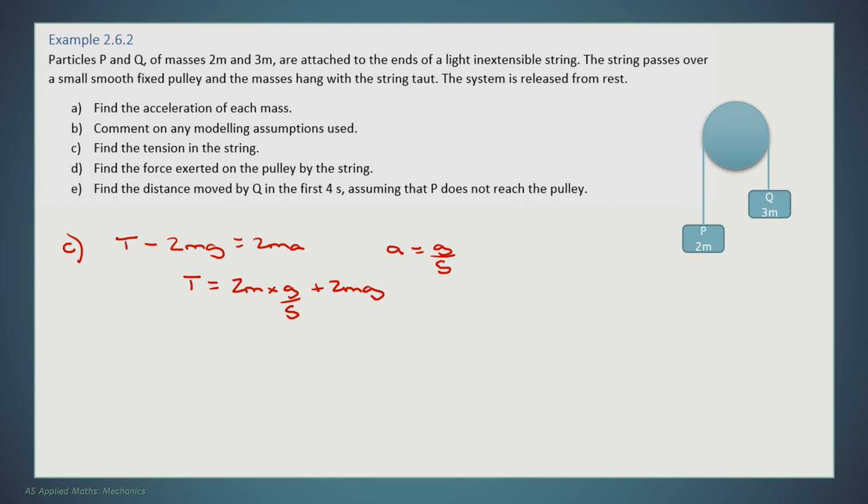So the value of T in terms of m is 24m newtons to 2 significant figures.